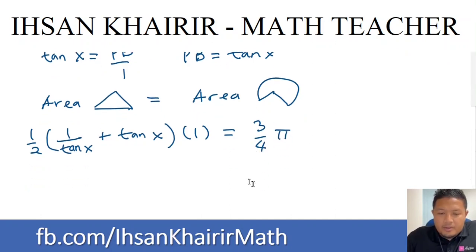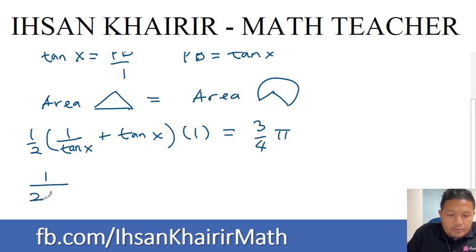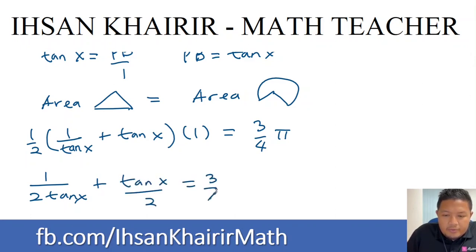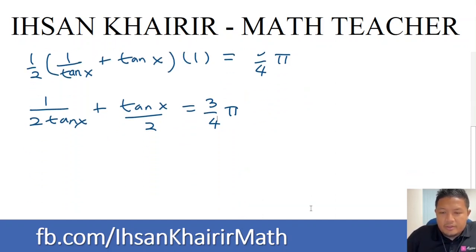Right. So now let's expand this entire thing. We have 1 over 2 tangent x plus tangent x over 2 equals 3 over 4 pi. Now we want to get rid of the denominator, so let's multiply the entire equation by 4.